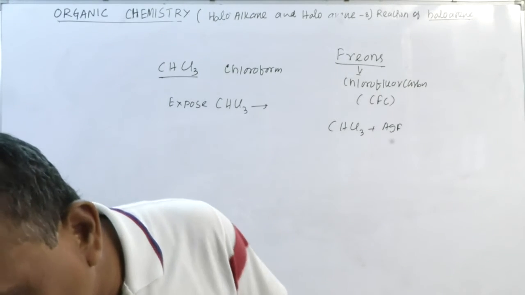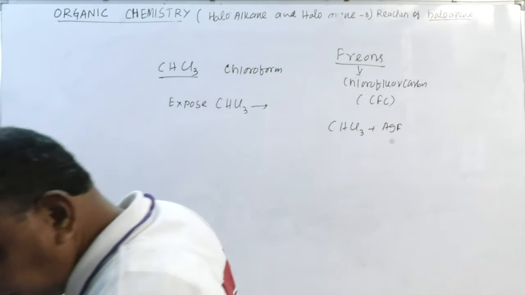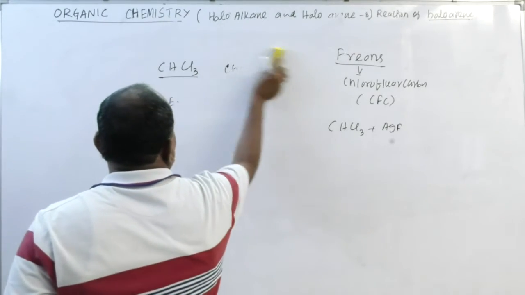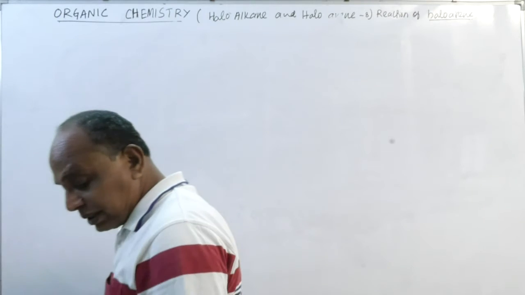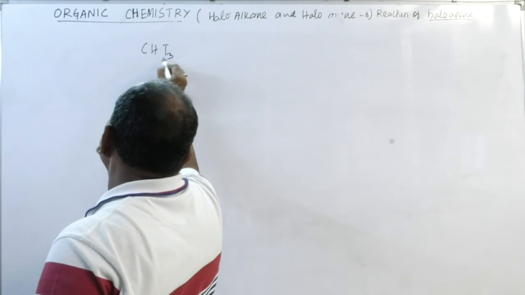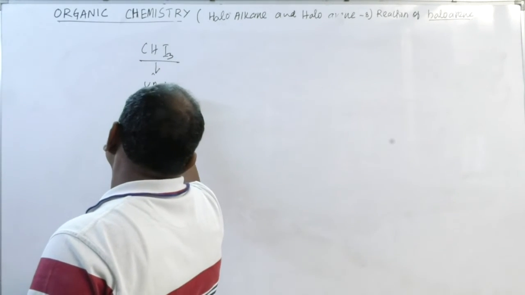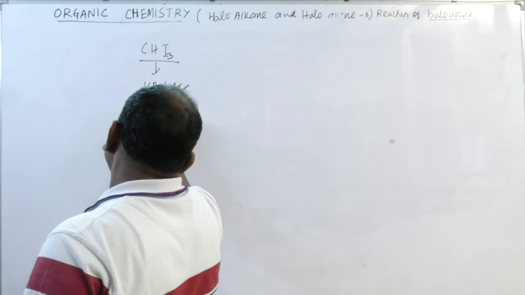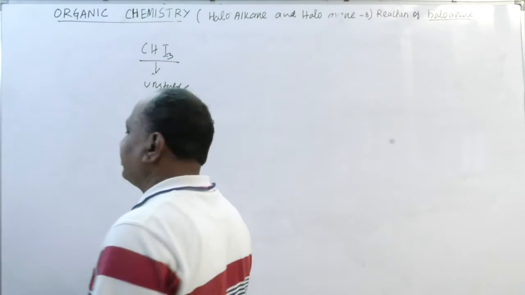Next, come to iodoform. You know what iodoform is? Iodoform is CHI3, and it is unstable and liberates iodine.